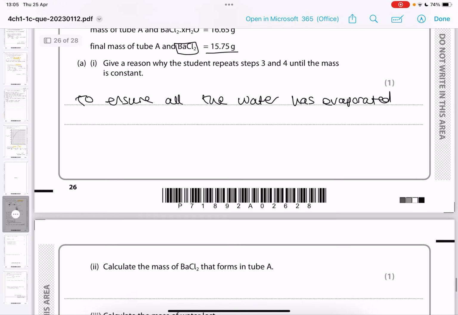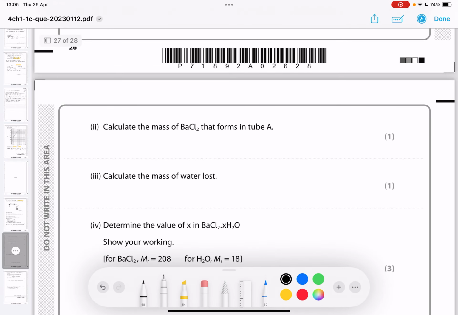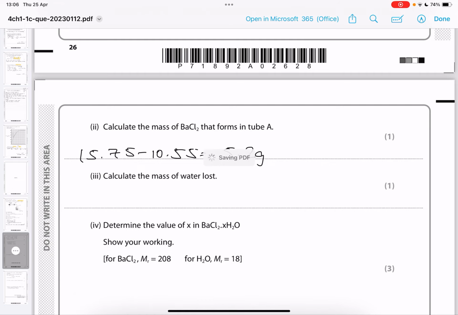So 15.75 minus 10.55, and that should give you an answer of 5.2 grams.